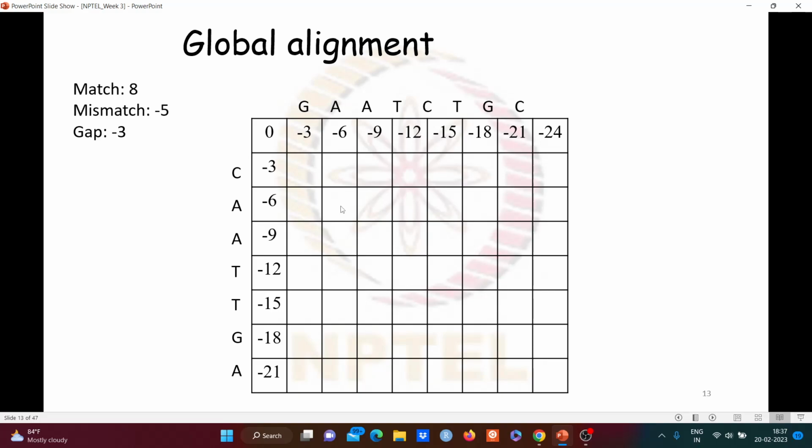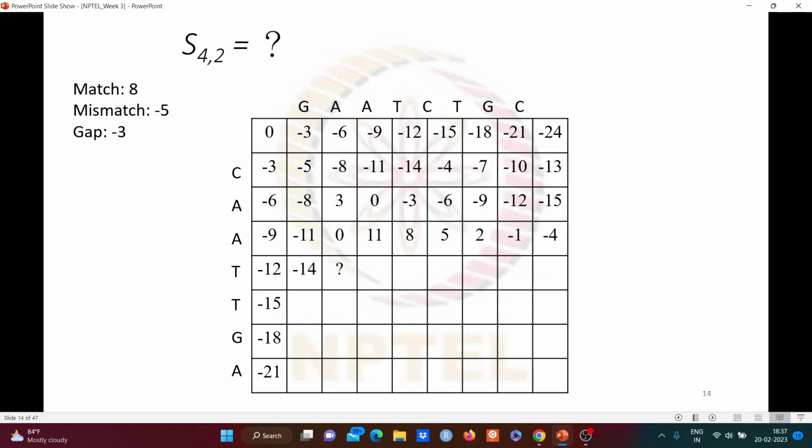Once this is done, I have filled in some of these rows, and I want you to calculate the value for the cell S42, the question mark you can see. Can you calculate that? Calculate and let me know the value through chat, and we'll solve for this cell.